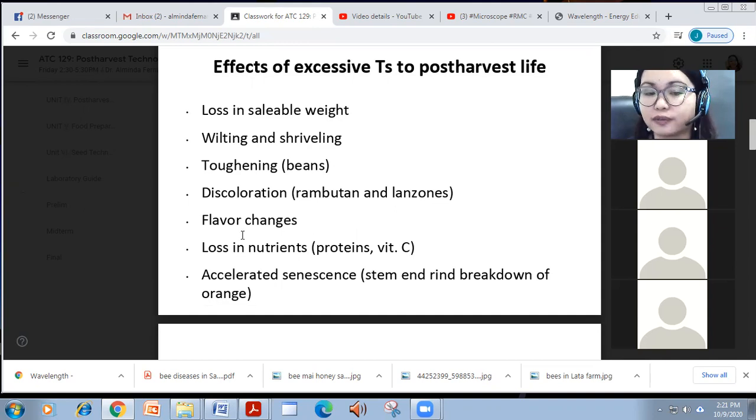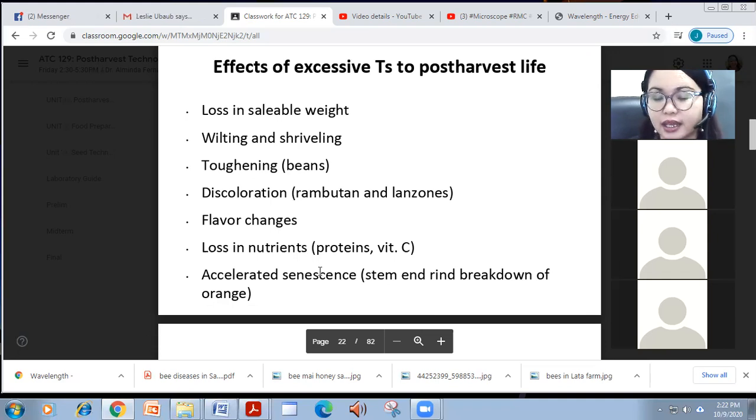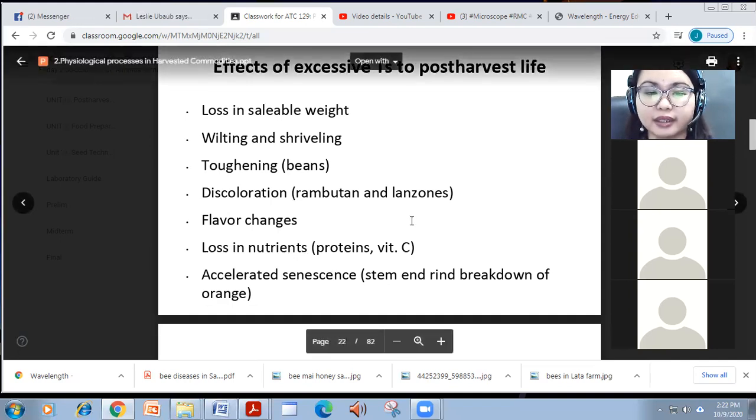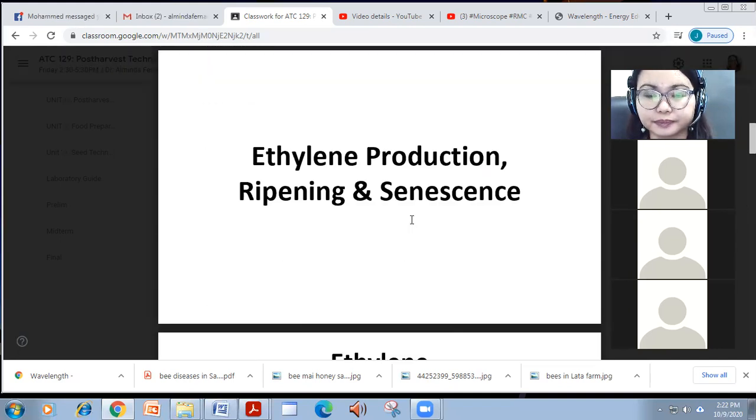A change of flavor will occur, and there will be a loss of nutrients, especially the water-soluble vitamin C, and proteins. It will accelerate senescence, like the stem and rind breakdown of orange. Accelerated senescence means the aging or drying of the commodity.